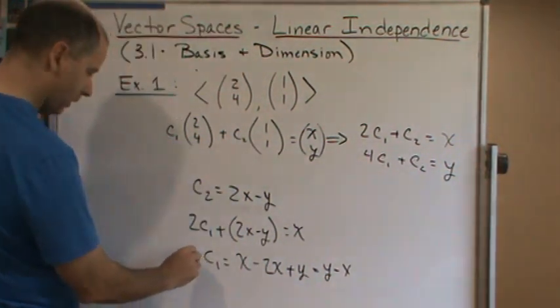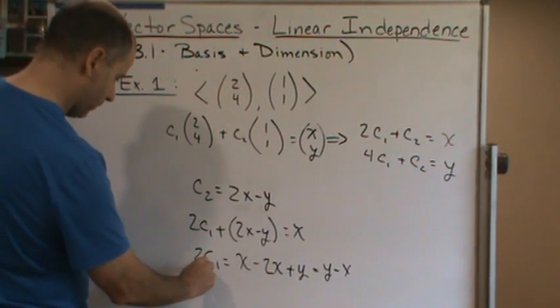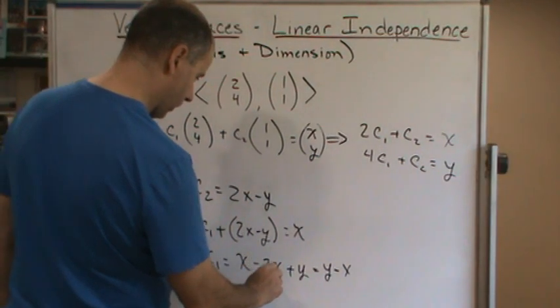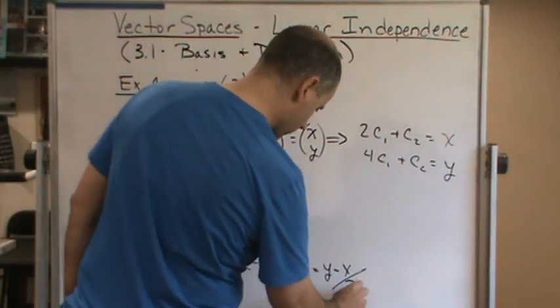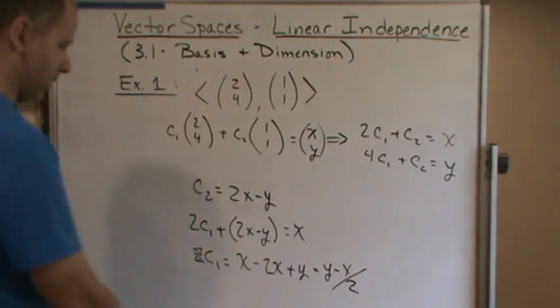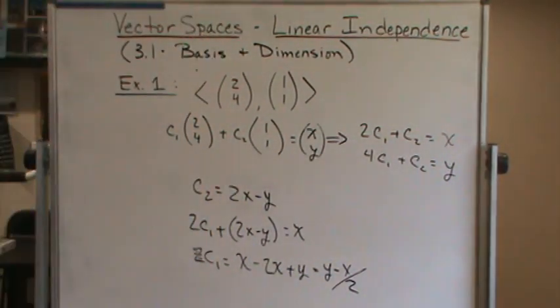And of course, this is 2, so then we're going to divide by 2. And so we get C1 equals this.